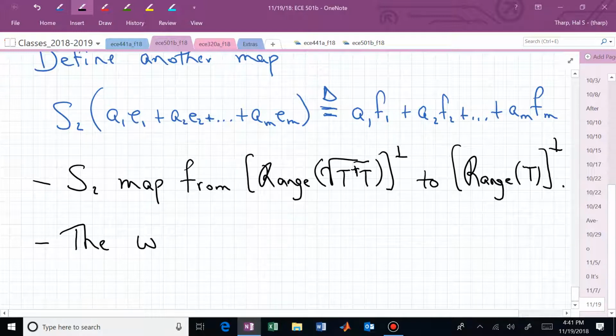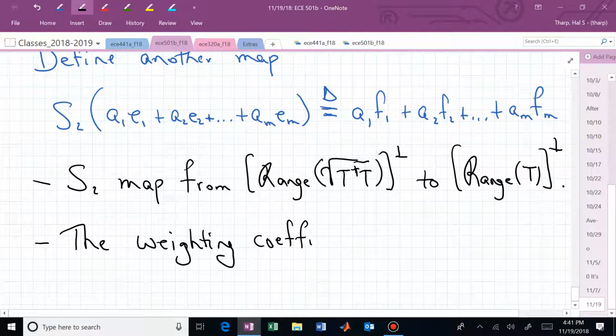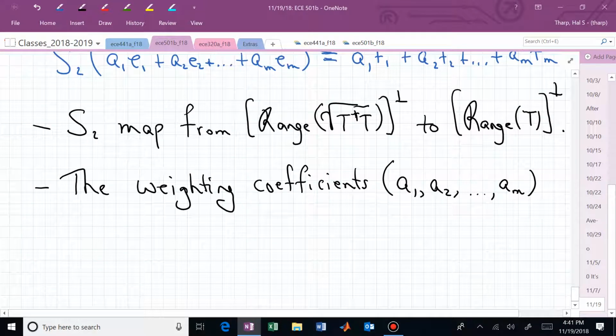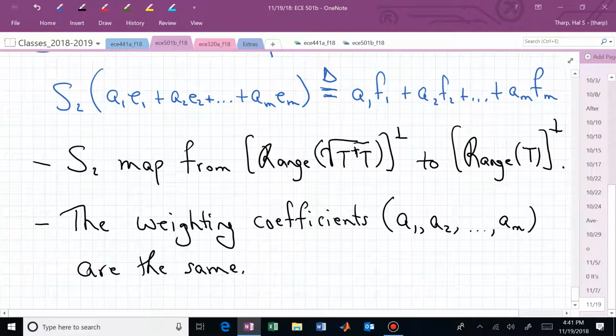So the weighting coefficients a1, a2, a sub m are the same. Or really, what does that mean?